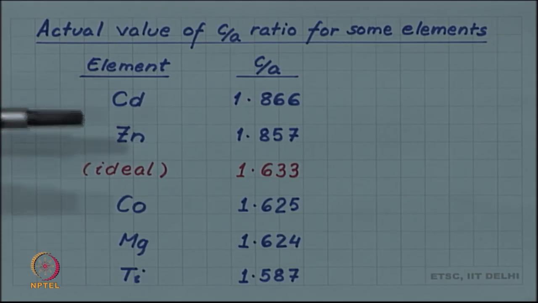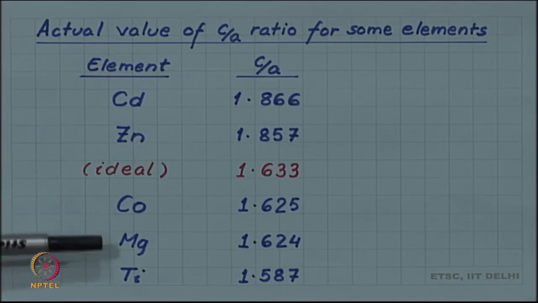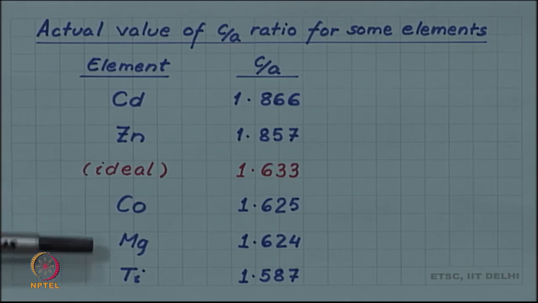So, both these elements have C by A ratio significantly higher than the ideal value. Similarly, there are elements like cobalt, magnesium and titanium which have values lower than the ideal value. Cobalt and magnesium are rather close, they are lower, but rather close to the ideal value, but titanium is significantly lower than the ideal value.